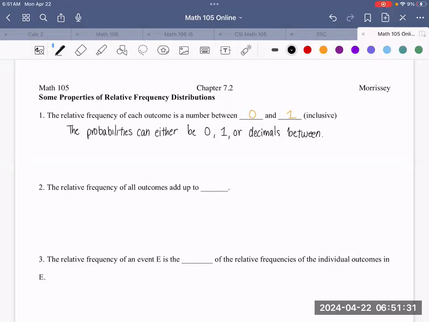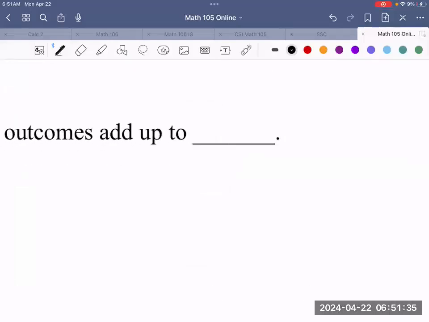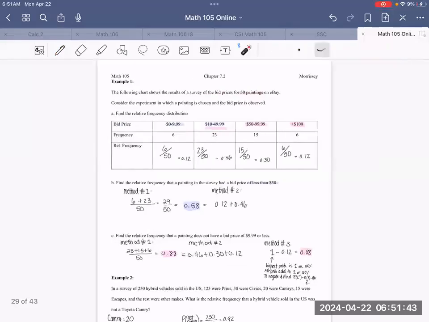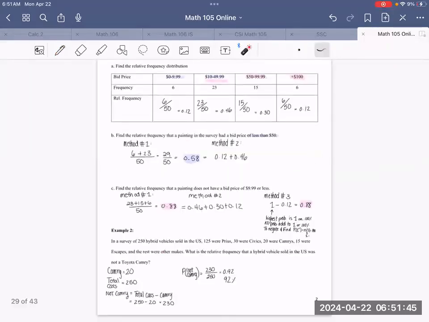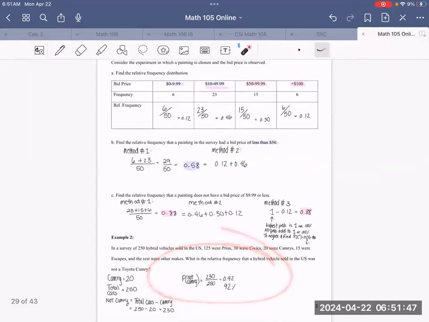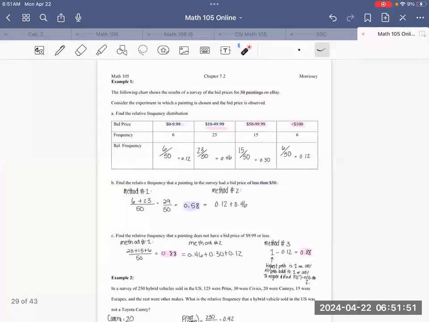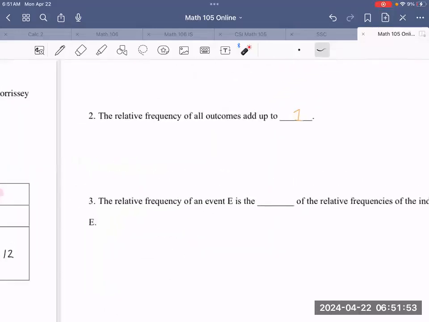Now, the relative frequency of all outcomes adds up to 1, right? 100%. They all have to add up to 1 in one case or another. So that means all of these right here, if we made a distribution table for this one, would have to add up to 1 or 100%.